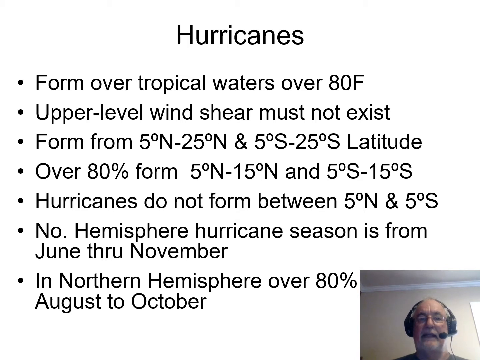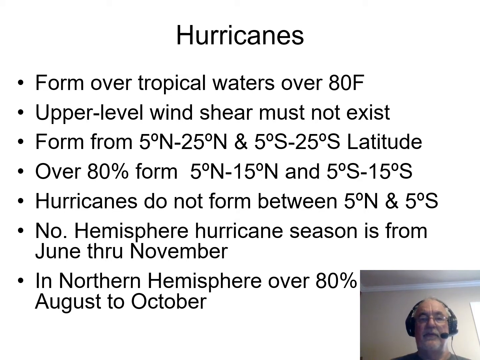So even though we get them from 5 to 25 degrees north and 5 to 25 degrees south, the great majority are going to form slightly closer to the equator, 5 to 15 degrees north and 5 to 15 degrees south. They, again, will not form right around the equator.